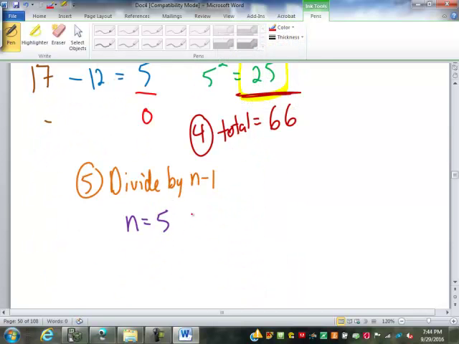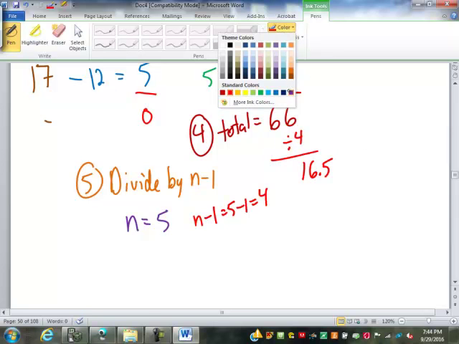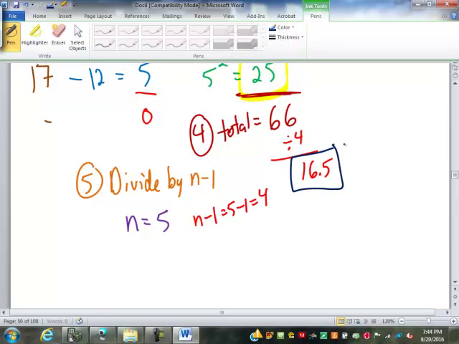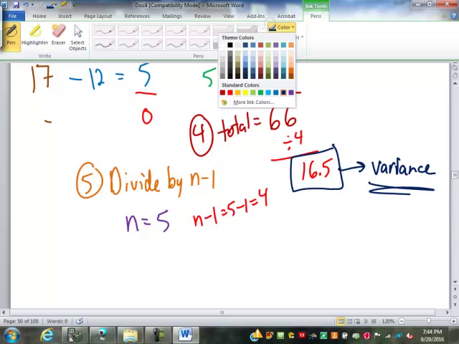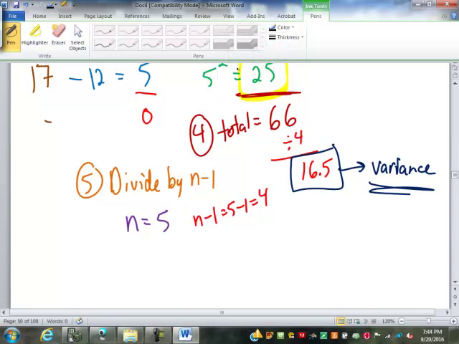So n minus 1 is 5 minus 1, which is 4. So I'm going to divide by 4 here, which is going to give us 16.5. That number is our variance. That's all the work for one number.